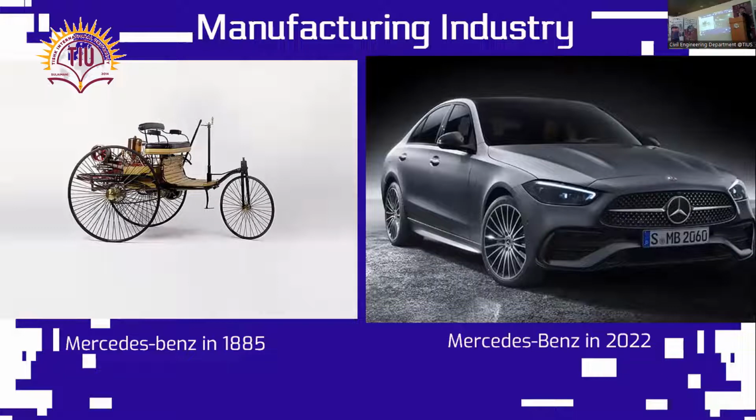In the appearance, in the structure, and even the car, you can use it as a home, because it has everything inside it, right? You have air conditioning, you even have a TV inside your car. So there are big changes. We can say how the manufacturing industry grows quickly.